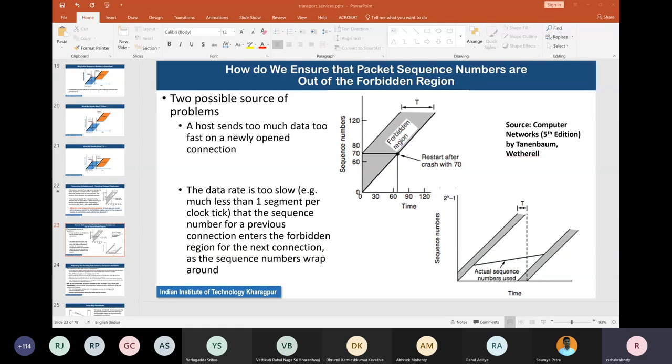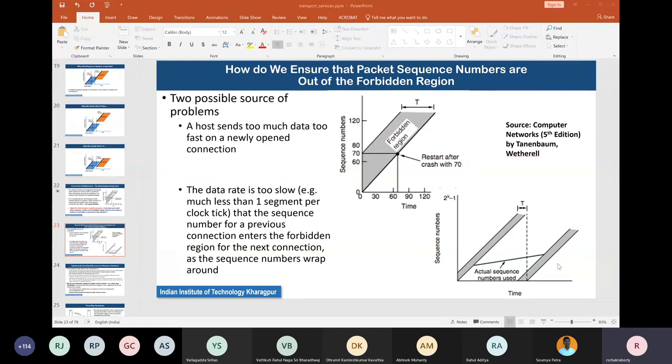What is happening here is that instead of one segment per clock tick, it is now releasing segments at a very slow rate, shown by this straight line with a smaller slope. Earlier the slope was something like this, approximately one segment per clock tick. But now it is going at an extremely slow rate.